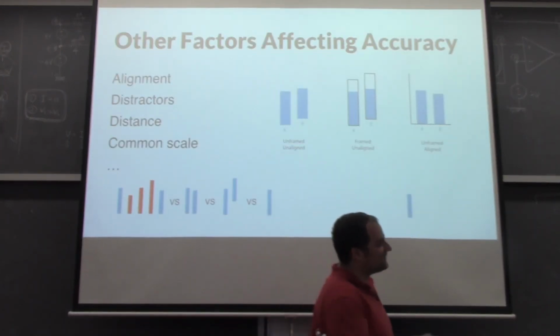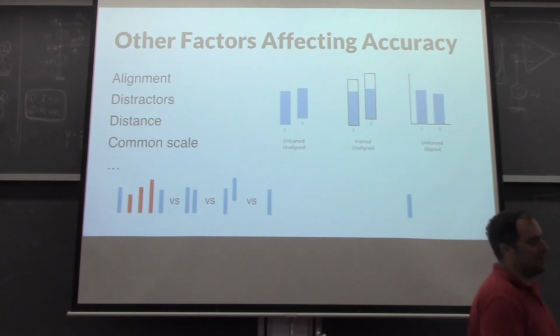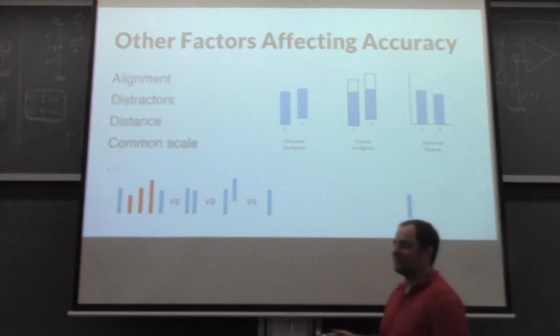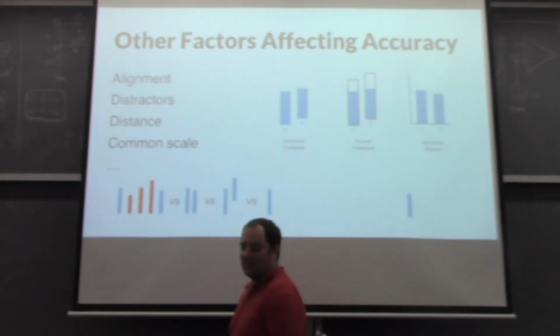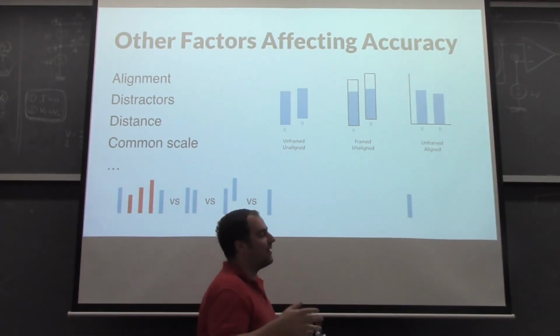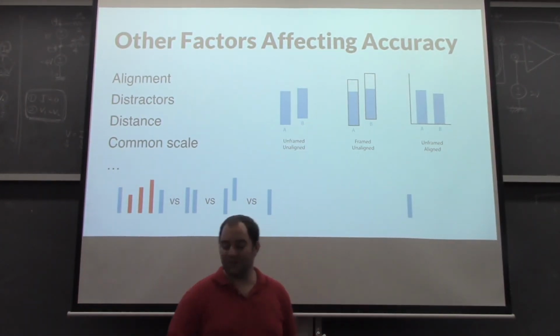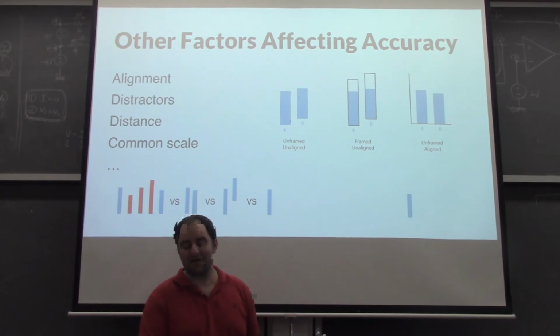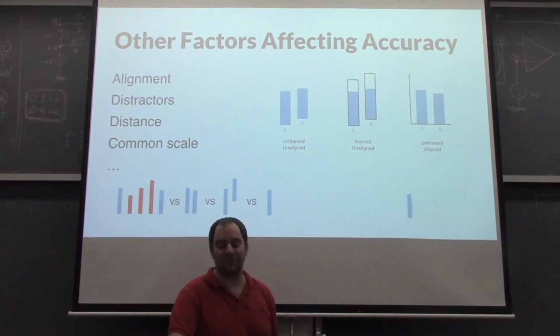These things don't happen in an isolated setting. There are many other factors that affect the accuracy of perception: things like alignment, distractors, the distance, and Weber scales. Here, for example, we're using underlined bar charts, which are harder for us to judge than framed underlined bar charts.